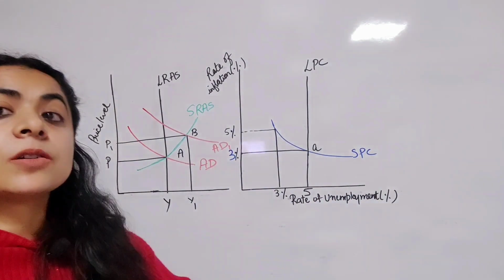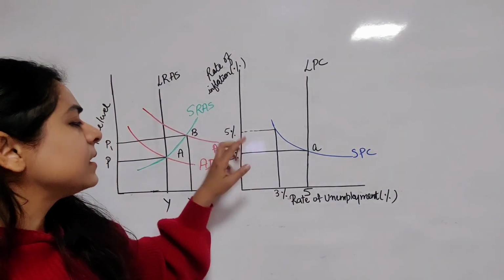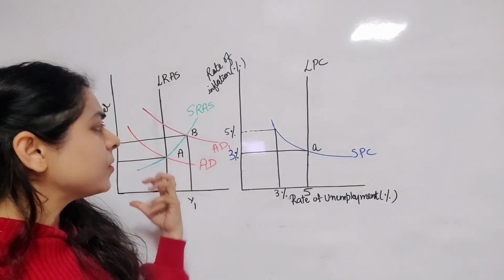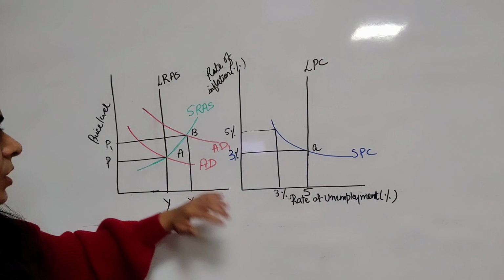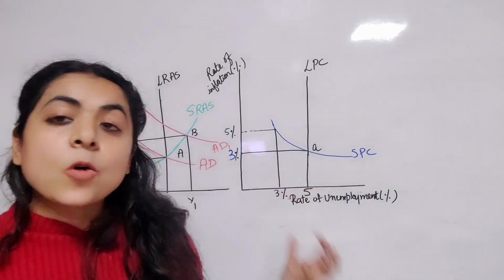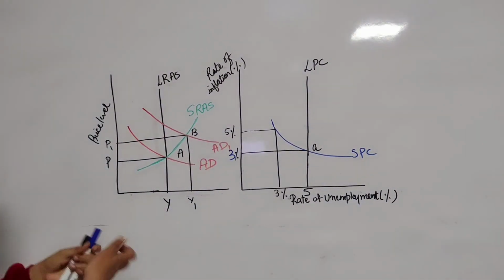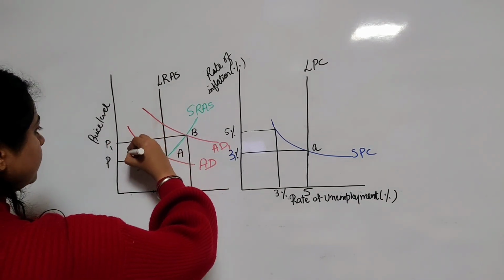But in the long run, the workers realize that there has been a fall in their real wages because of the increase in the rate of inflation. Earlier, the wages paid to the workers were based on a 3% rate of inflation. But now, since the rate of inflation has increased, the workers will start asking for more wages, which will lead to a leftward shift in the aggregate supply curve.